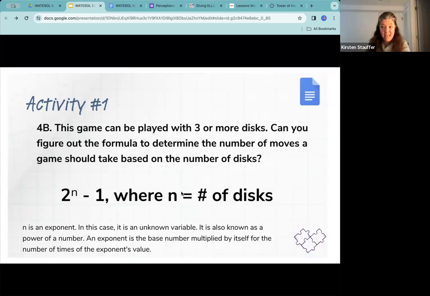And usually they can, especially in college level classes that I've taught, they've been able to figure out the pattern. And so it brings into, well, what is n? Oh, n's an exponent. What does an exponent mean? So bringing in the vocabulary related to the math, because they know how to do this problem. It's just they can't communicate how to do it.